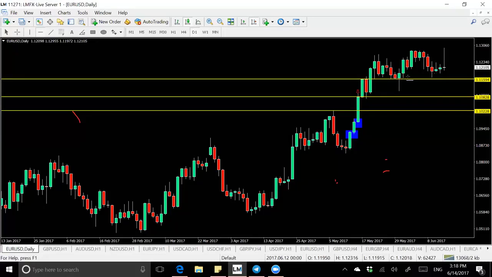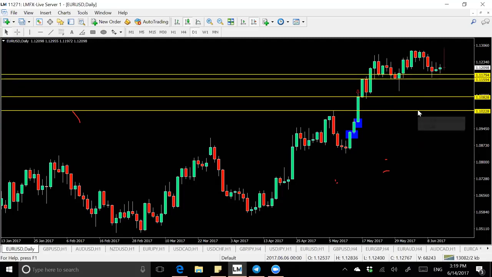That's your actual support and resistance right now. Not these bottom ones. So just keep this area under consideration. It might mean something.